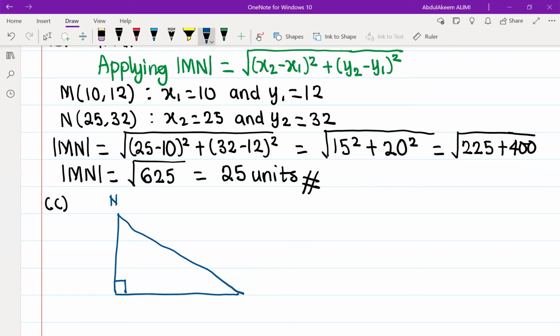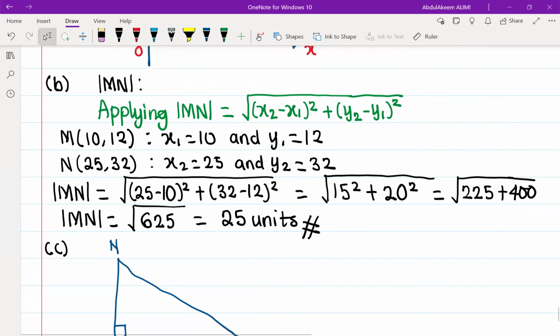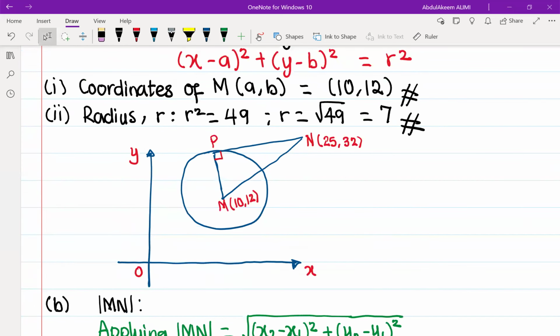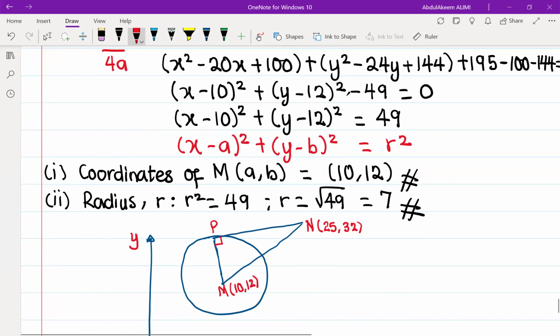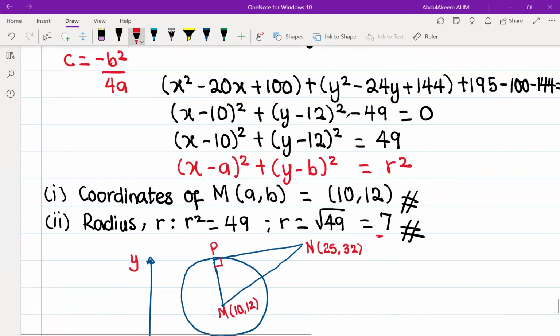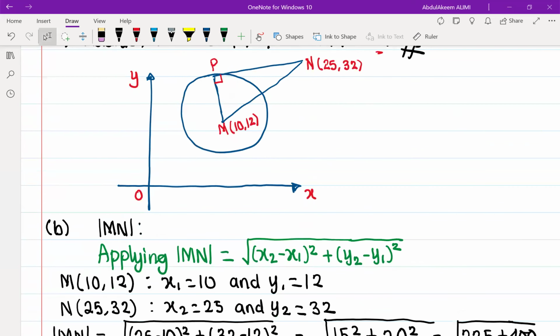This is my N. This is my P. And this is my M. And we know from everything we've done initially that my line MN is equal to 25. And I have my radius, my line PM, equals 7, which is the radius that we've gotten here initially. Because you know, radius is a line drawn from the center of the circle to any part of the circumference.